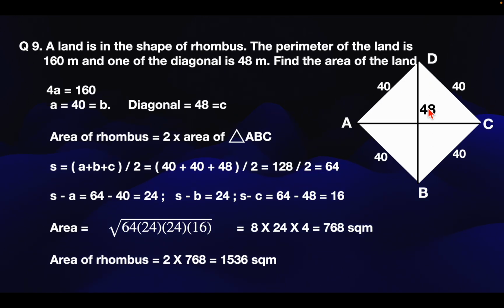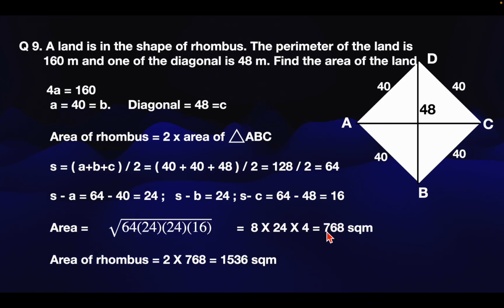Now let us take the triangle ABC. These two sides are 40, 40 and this length AC is 48. So find out S: 40 plus 40 plus 48 divided by 2, that is 64.